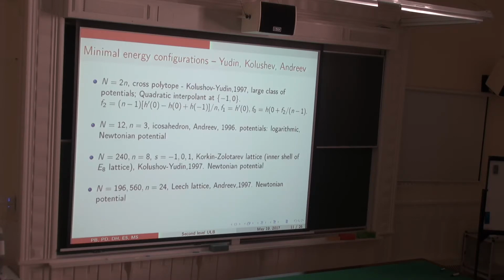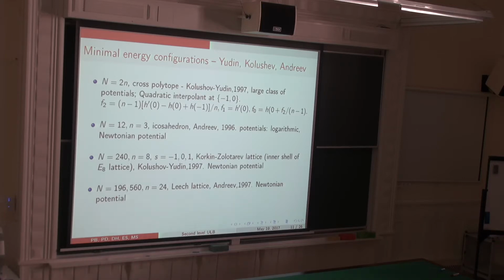When we have the 2n points of the cross polytope, it can be done in the same way. The inner products that exist there are -1 and 0. So we pass a parabola that interpolates at -1 and touches the potential at 0.